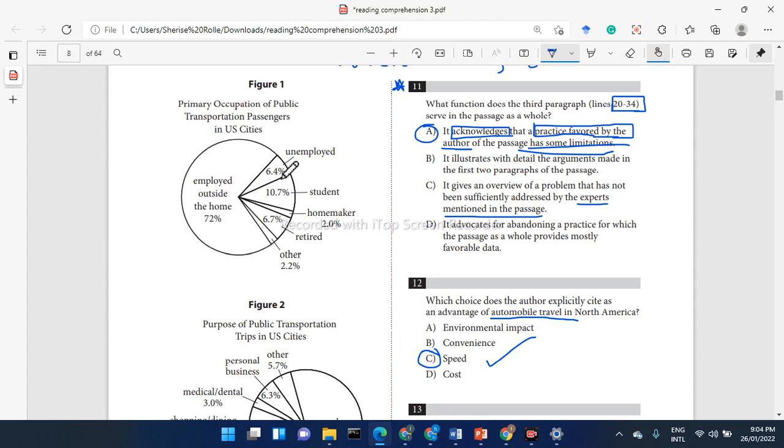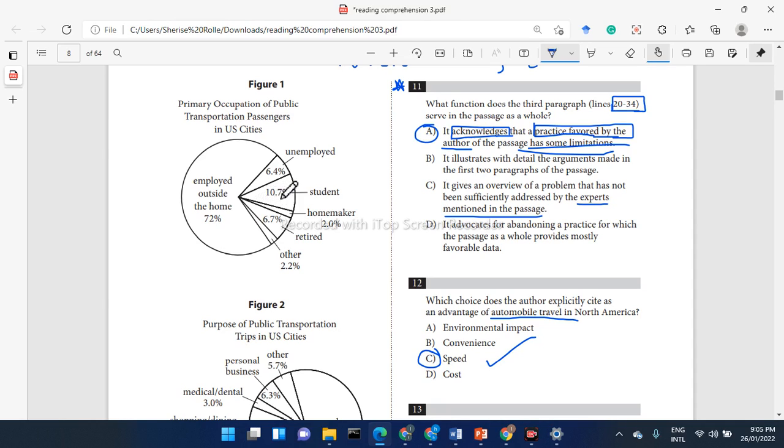For unemployed, it's 6.4%. For students, it's 10.7%. So 10.7% of the people who use public transportation are students.